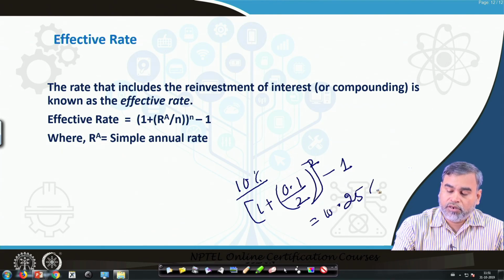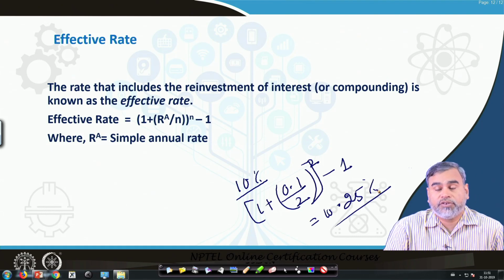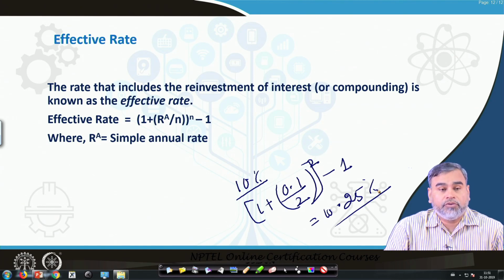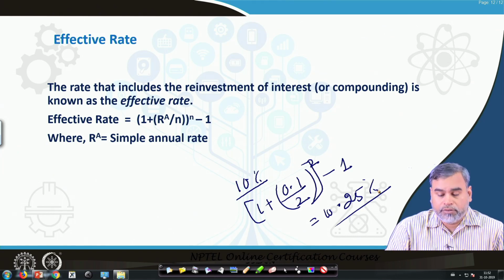So, the actual annual rate was 10%, but whenever we go for the effective interest rate, we get 10.25%. 1 plus 0.1 divided by 2 whole to the power n minus 1 will give you the 10.25%. It is coming because of the reinvestment of the interest money we are getting within that particular period.